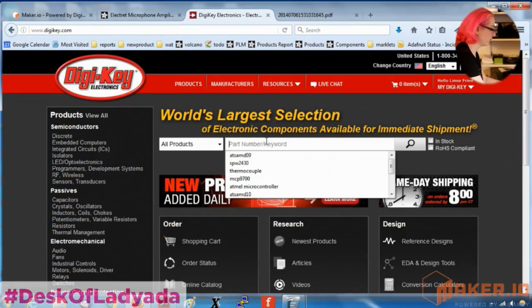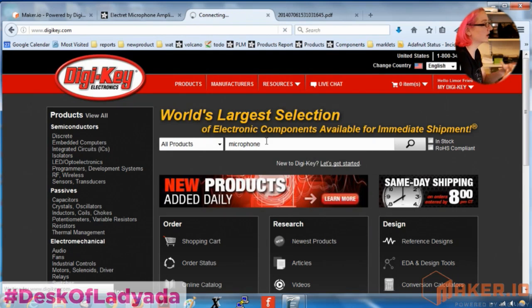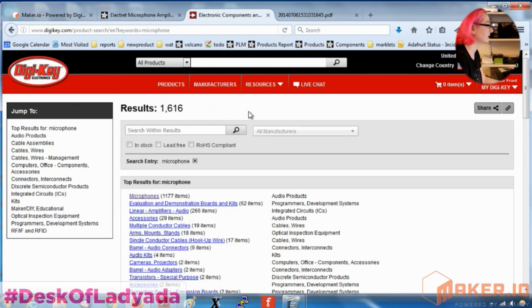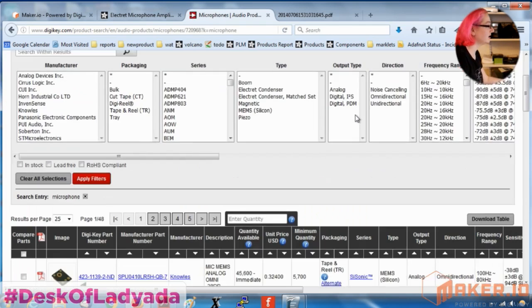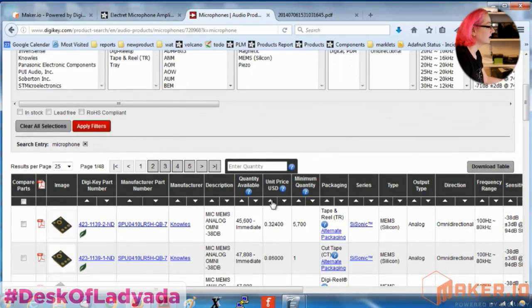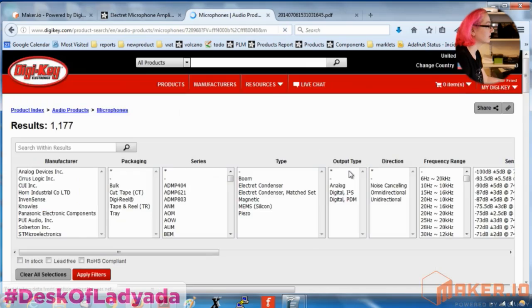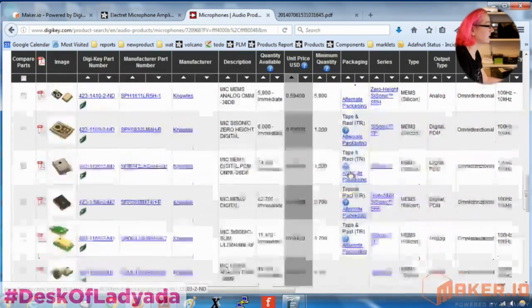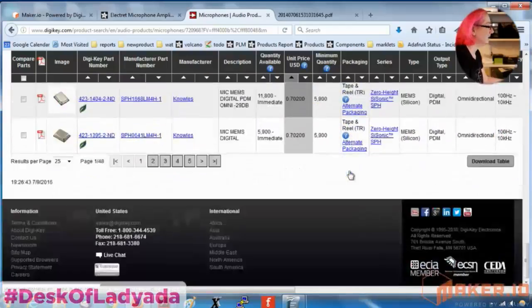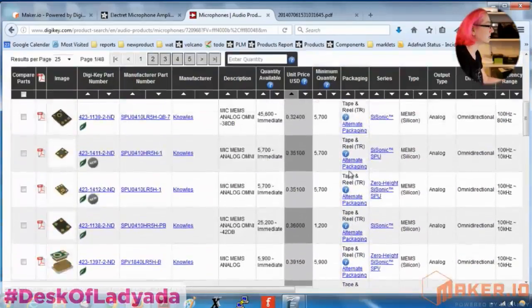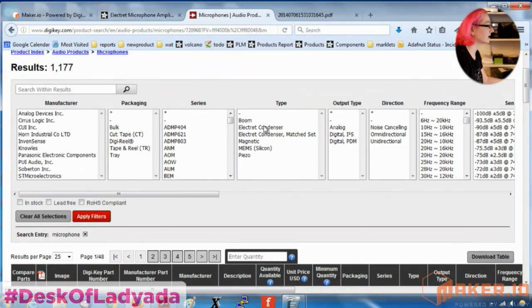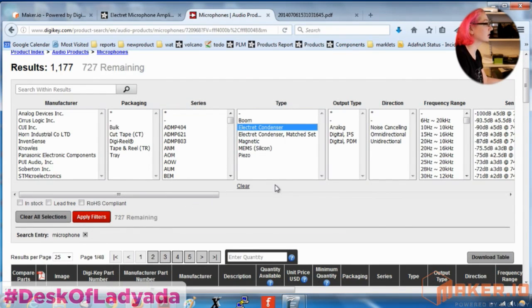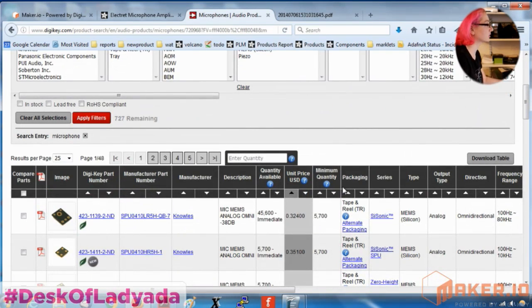Okay, so for microphone, because any kind of sound sensor is going to require a microphone, I ended up looking here, and if you sort by price, what's interesting is MEMS mics are pretty inexpensive, and there's a lot of them. Electret mics, you can often get them cheaper long term, like if you're buying a huge bulk of them.